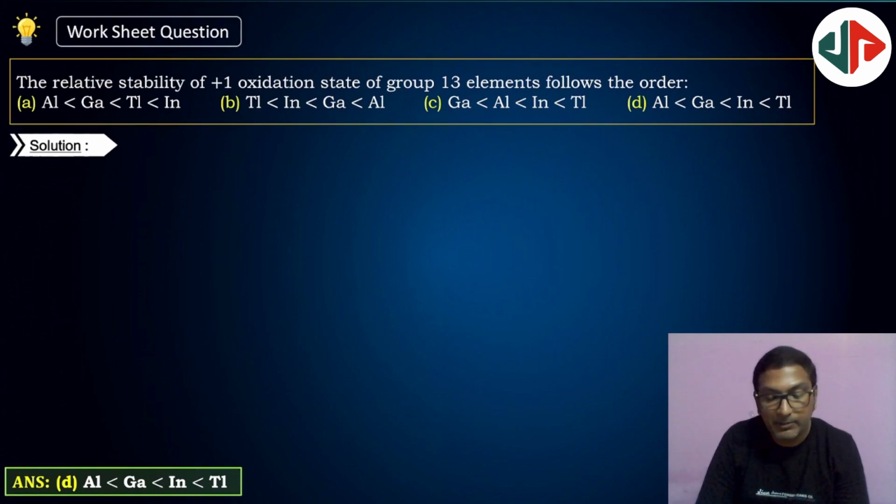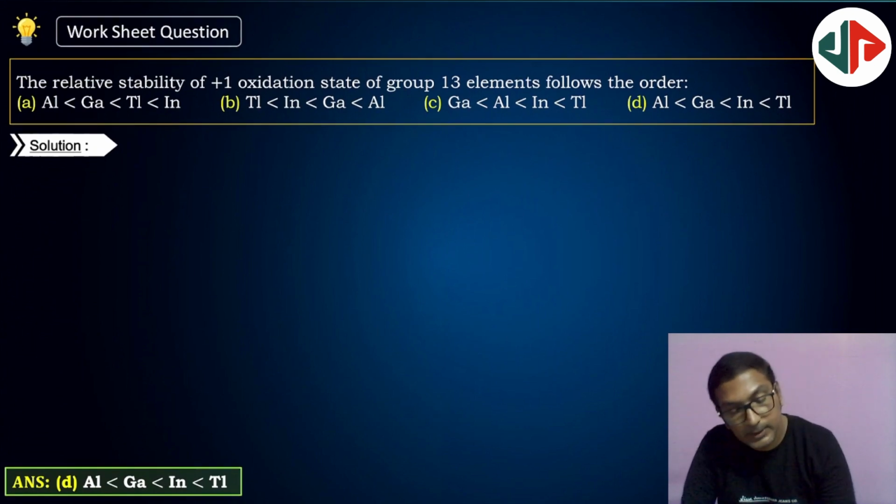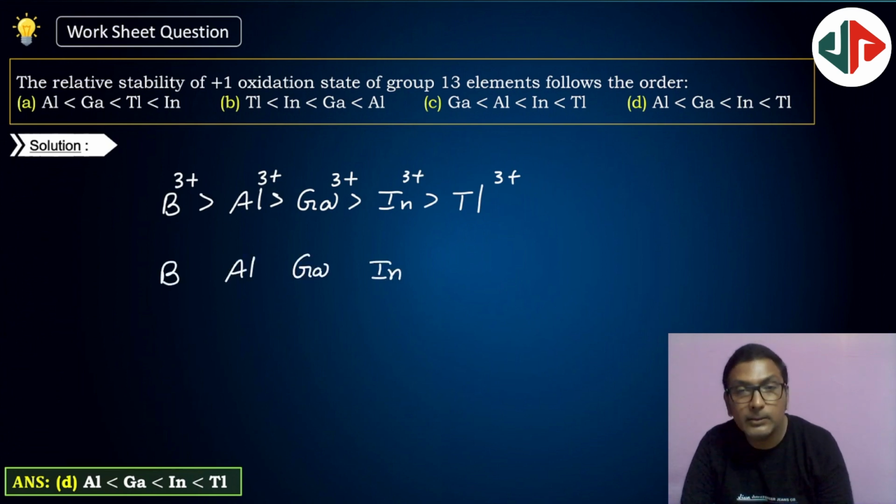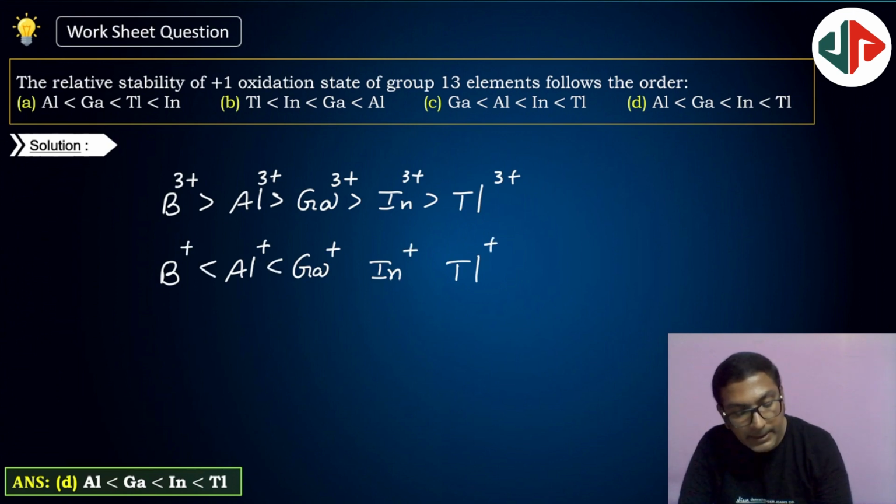Next. The relative stability of +1 oxidation state. Simple question. Boron, aluminium, gallium, indium, thallium. Say all are +3. Here also 3 plus. This will be the stability order. If all are +1, this will be the stability order.